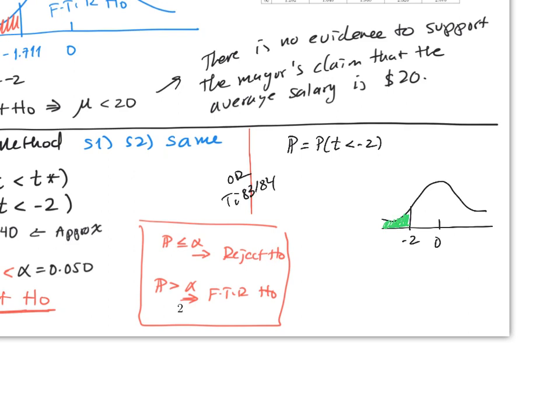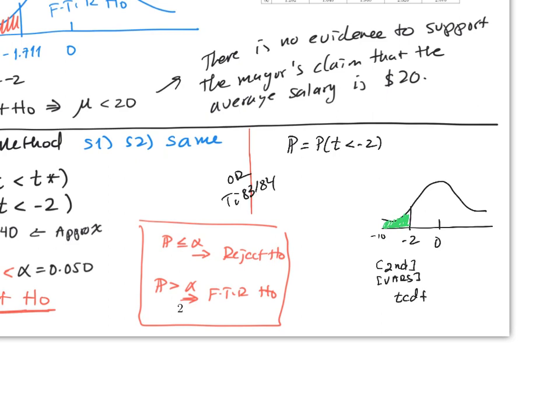If you use a calculator, there is a command, just like for the normal distribution. You have to go to second variables, just like you did in chapter 6. But then you're going to pick one that says TCDF. Then it's going to ask you for a lower bound and upper bound.